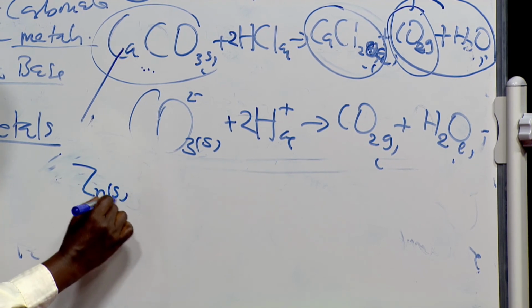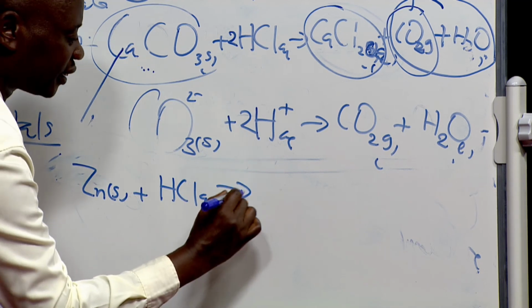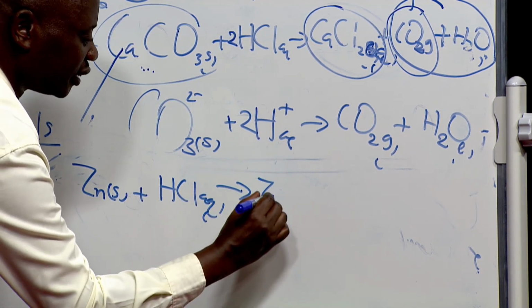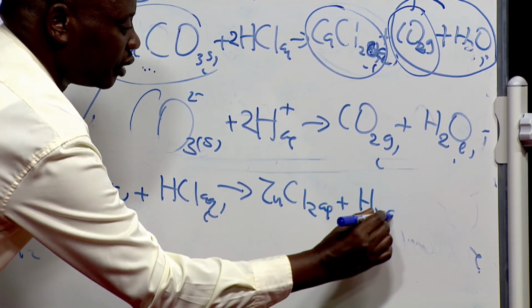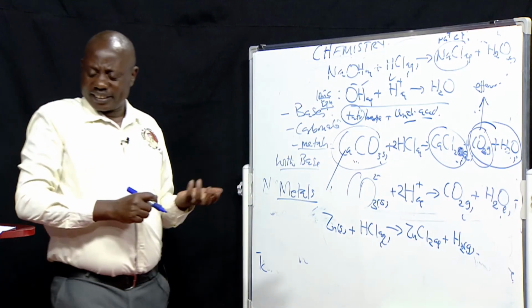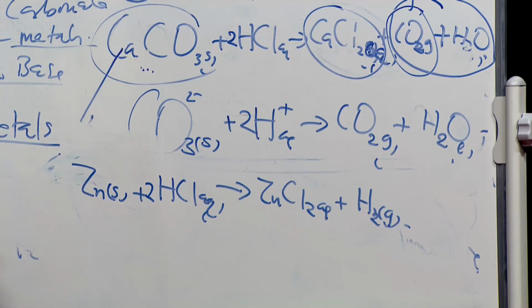We can use zinc plus hydrogen chloride. What do we get? We get zinc chloride plus hydrogen. So what do we include? We put 2 here. What does it mean?